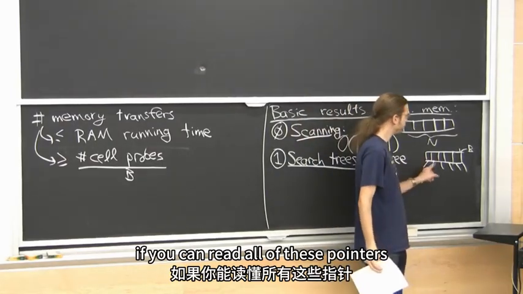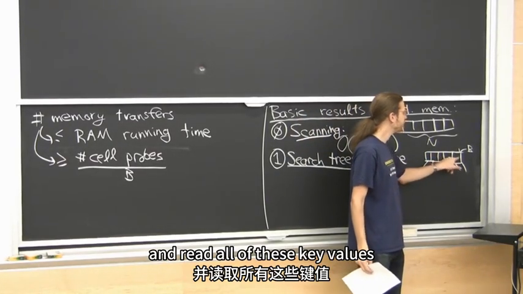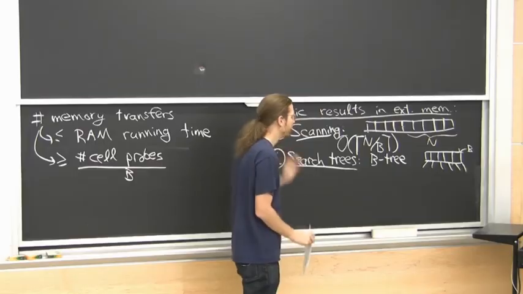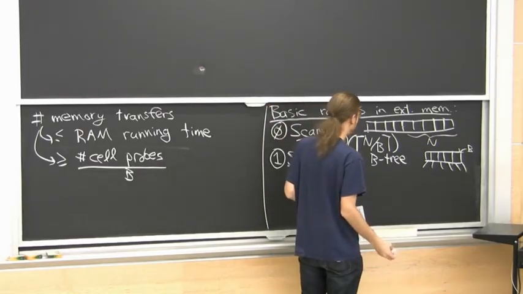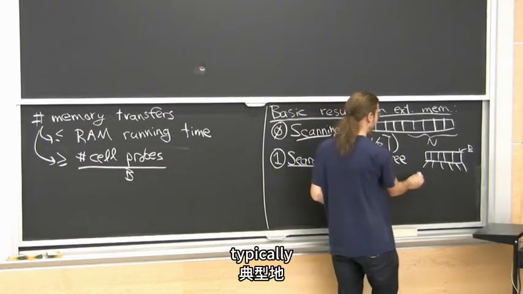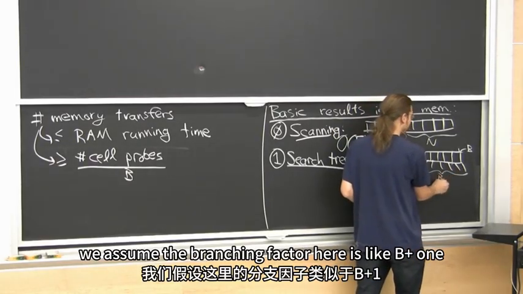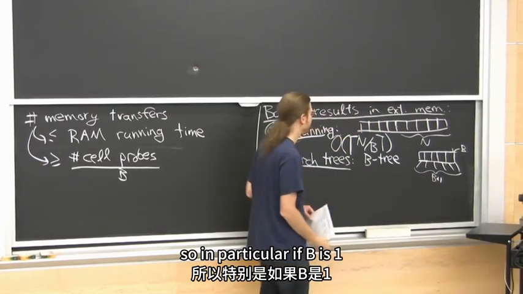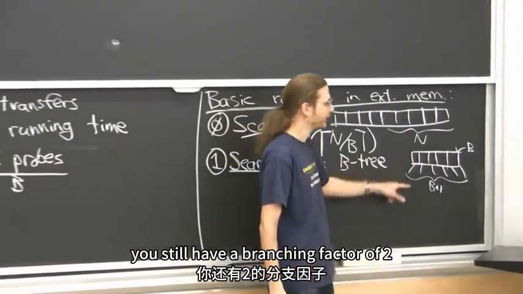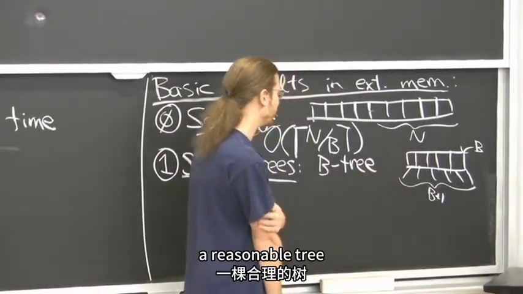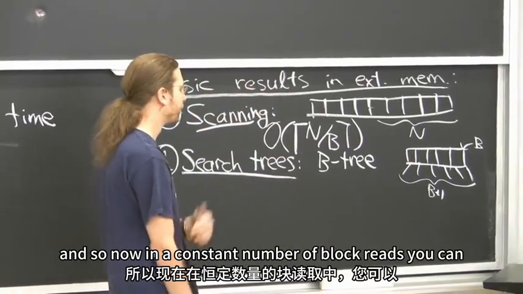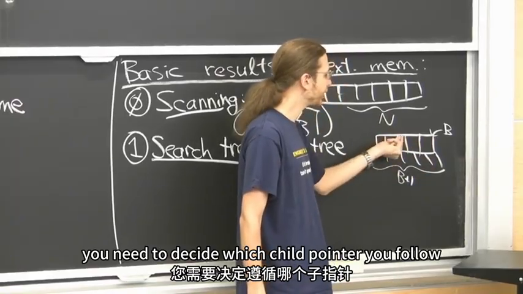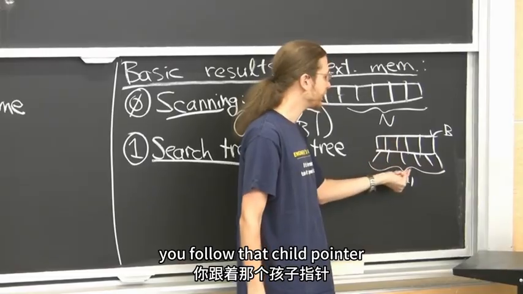If you can read all of these pointers and all of these key values, and that fits in B, then we're happy. Typically we assume the branching factor here is B plus 1. So in particular, if B is 1, you still have a branching factor of 2, just to make it a reasonable tree. And so now in a constant number of block reads, you can read all the data you need to decide which child pointer you follow. You follow that child pointer.